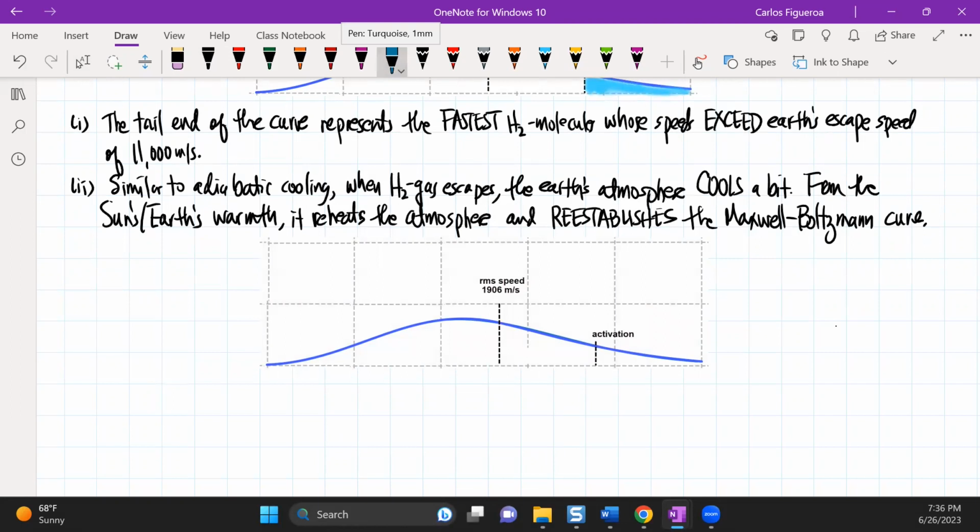So I'm going to draw a different curve. It comes here and it's got to end at the same spot. You can see here that the curve is decreasing and it continues to decrease.